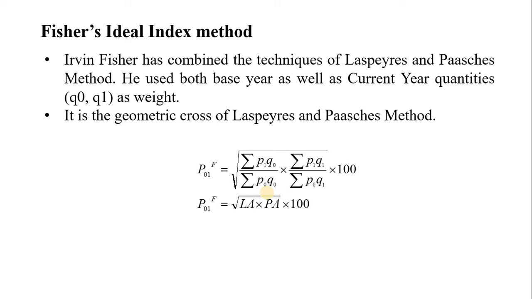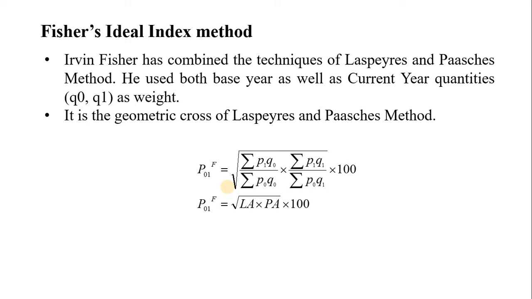Okay, so you look at the equations. This is the last pair method. This is the past tense method. If you take the root of the product, it is nothing but the geometric mean. The nth root of the product of the observations is nothing but the geometric mean.